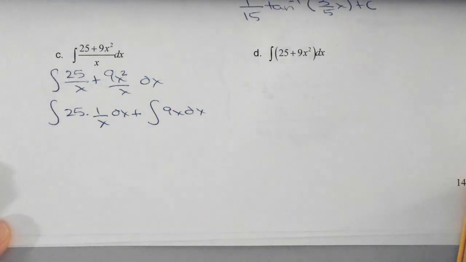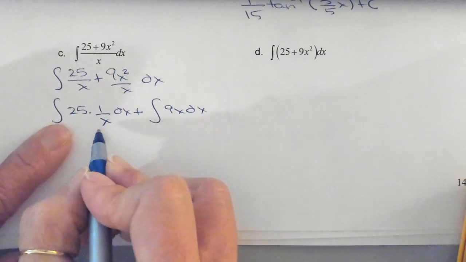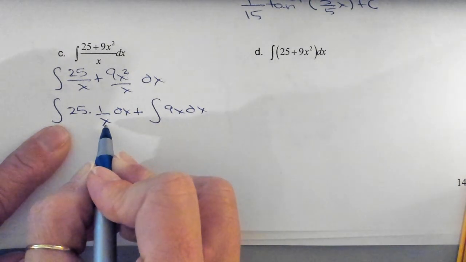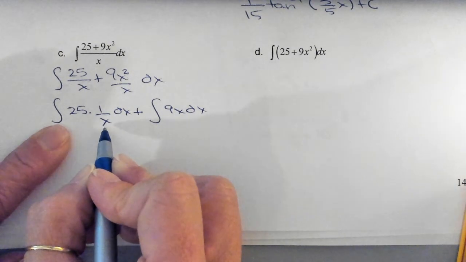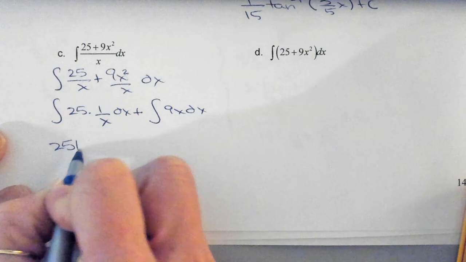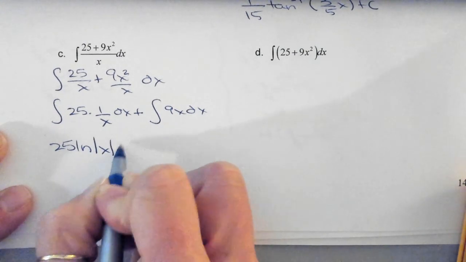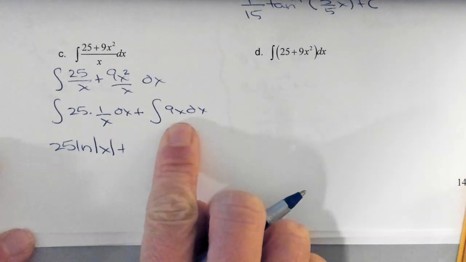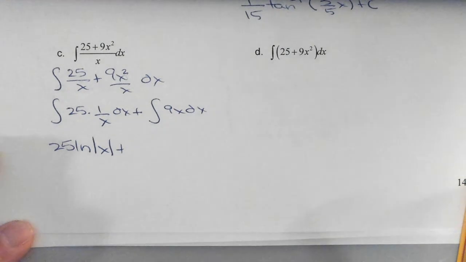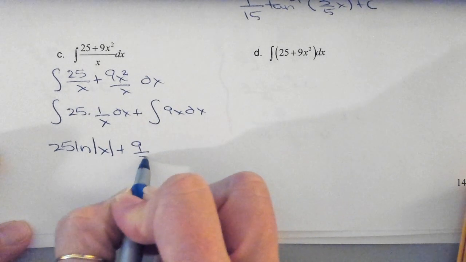This is what we're thinking in our brain. We don't always have to write it, but it's what we're thinking. You told me the integral of 1 over x dx is the natural log of the absolute value of x. So this is 25 natural log absolute value of x plus, do I have to worry about the 9? Not really, but what is the integral of x? 1/2 x squared.